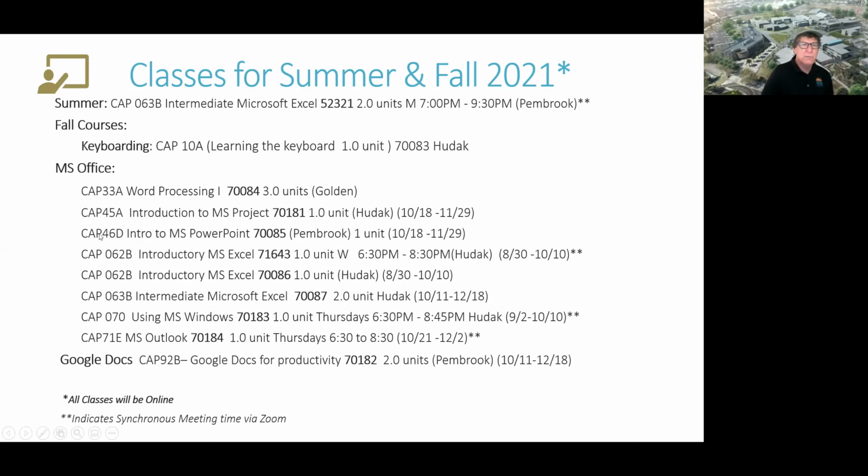We have these MS Office courses. They start at various times, and there are various units too. Some are 1, some are 2, and some are 3. We'll be using Zoom, and instructors will be using either Confer Zoom or MC Zoom, Mission Zoom, for the synchronous classes.